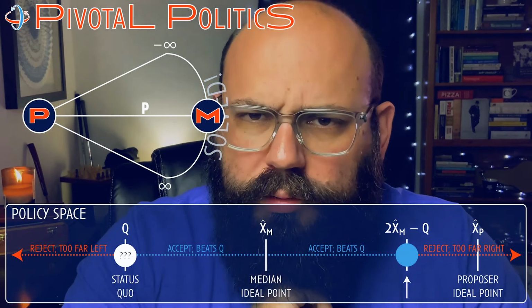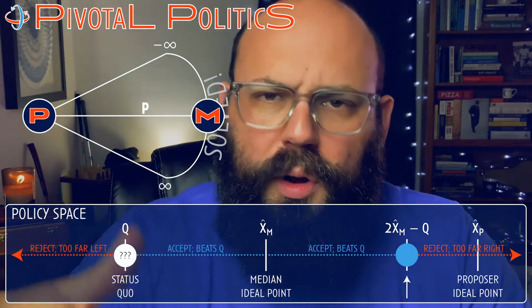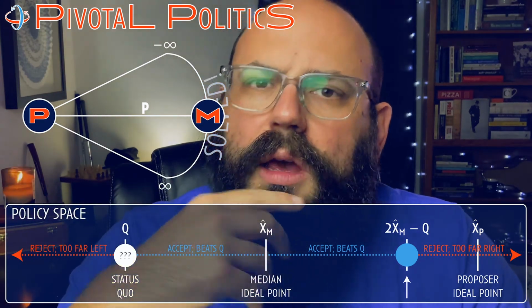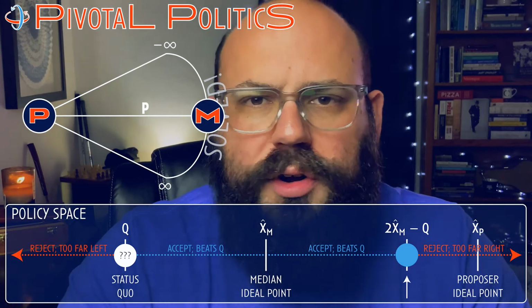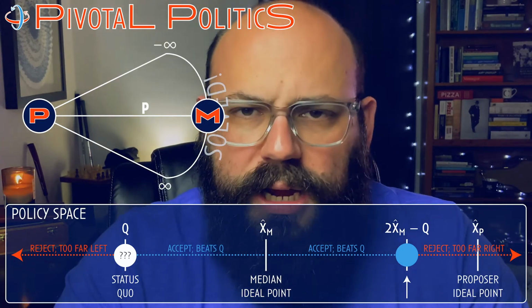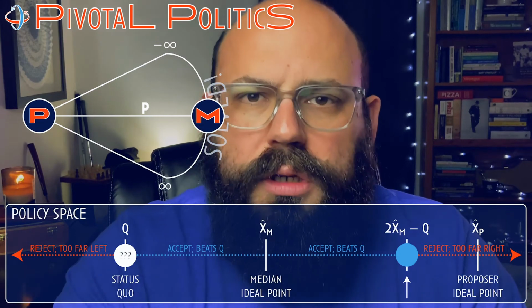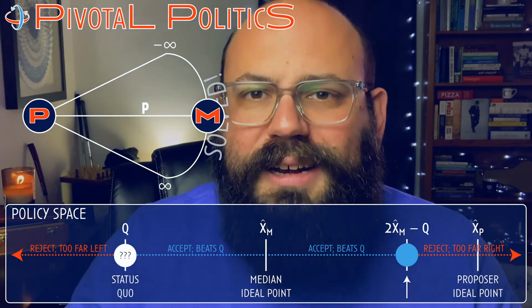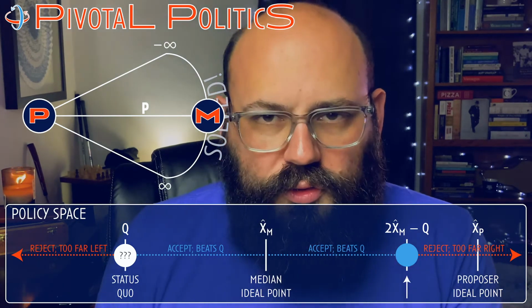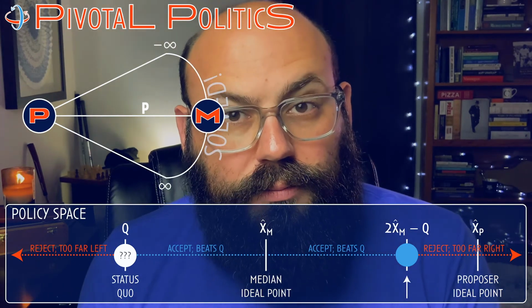So there's a first mover advantage in the sense that the proposer gets to find the best thing that's acceptable, but the ultimatum game type logic ensures that they still have to make an acceptable offer. If the median voter's ideal point is very close to Q, then the median voter essentially has a lot of bargaining power, and there's only so much change that the proposer could make.